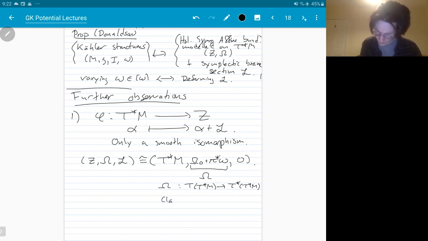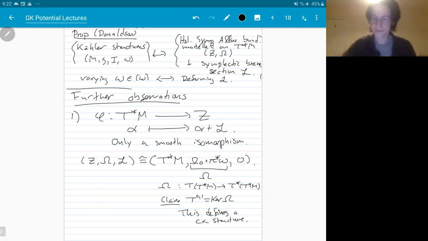The claim is that if we define T01 to be the kernel of omega, then this defines a complex structure. That's something you would have to check if you were just given this description, but we know it's true because we've given a purely holomorphic construction as well.